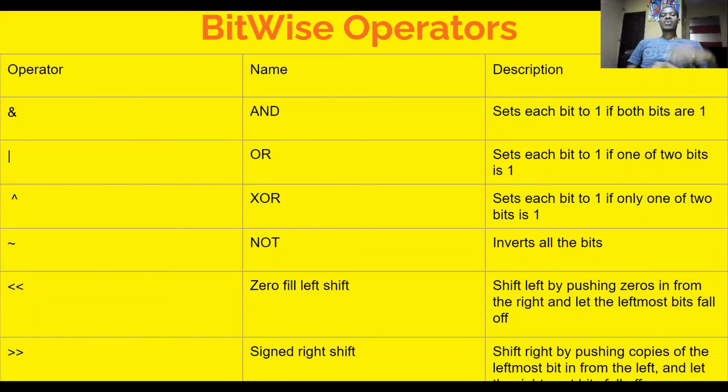Then the OR checks to see if one of the two is 1, and sets the answer to 1. Then the XOR sets each bit to 1 if only one of the two bits is 1. Then the NOT basically inverts all the bits, and then you have other examples.